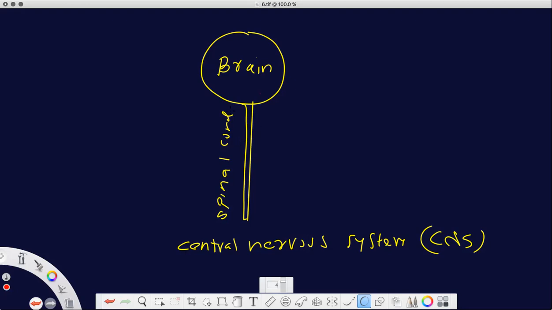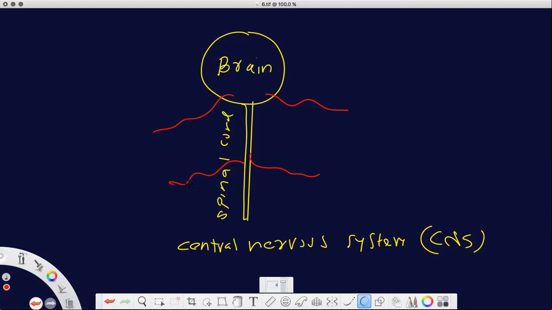Let's say some are coming from the brain like this, going to different parts, let's say the hand, or the nose, or the eyes, or the mouth, directly from the brain. And some of the nerves come from the spinal cord.